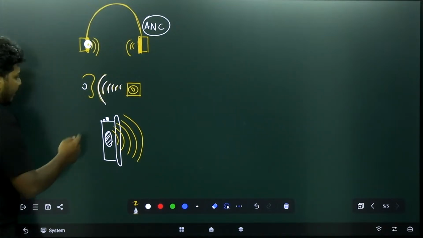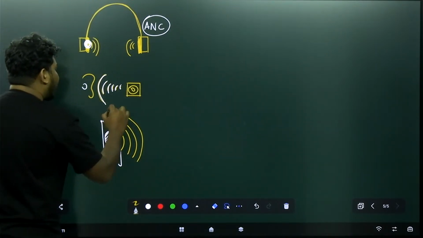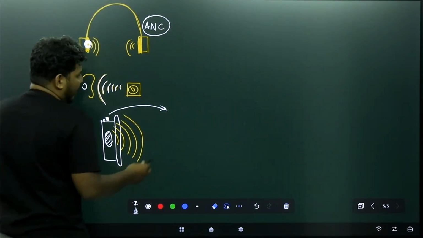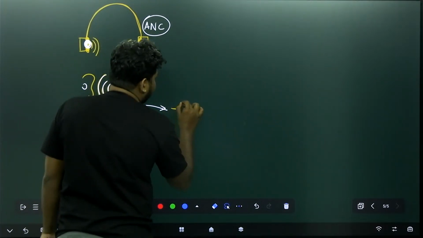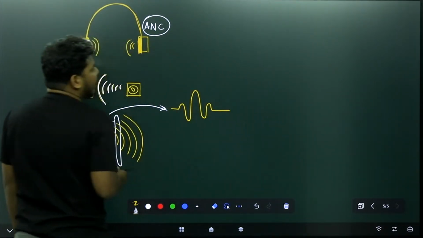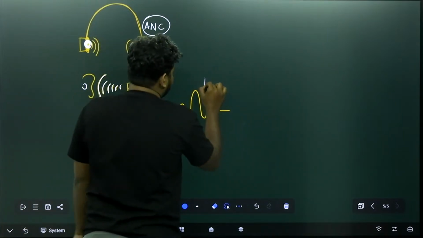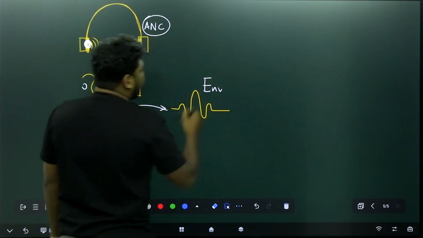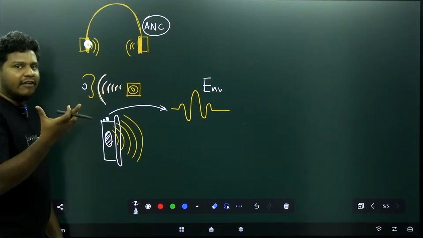So let's say it is catching the surrounding sound like this. I'm going to draw the surrounding sound pattern. This is the environmental sound that is coming from the mic.